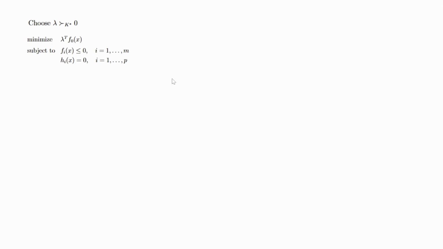So it's not a vector optimization problem. It's a scalar optimization problem now. And of course, we're very familiar with scalar optimization problems. We can readily solve it. Okay, the claim is that any optimal point of the scalar problem is Pareto optimal for the original vector problem. Now, I'll say that again because it's very important.